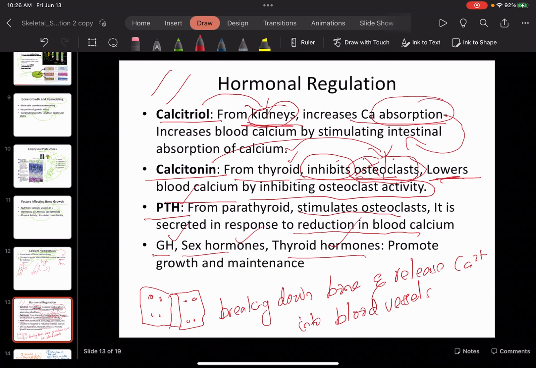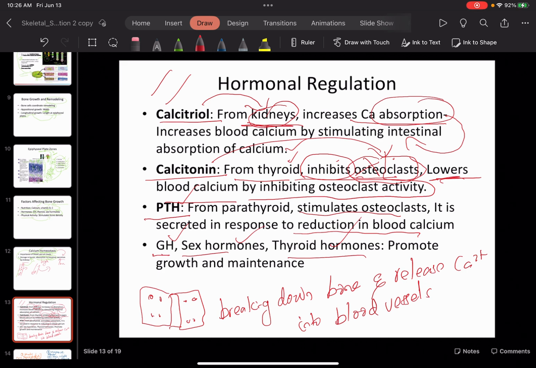That means if your diet doesn't have calcium, your blood vessels don't have calcium, maybe for some reason your digestive system cannot absorb calcium, maybe you have an infection in the small intestine. So for different reasons, parathyroid hormone can stimulate the osteoclasts to break down the bones and release the calcium into the blood vessels.